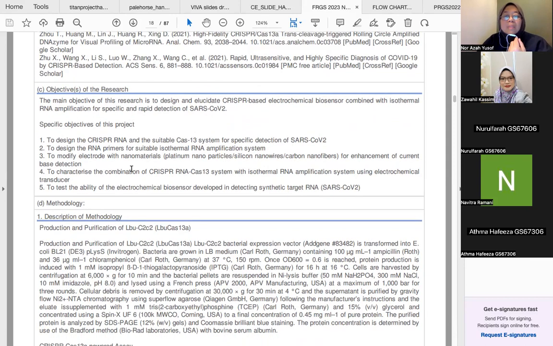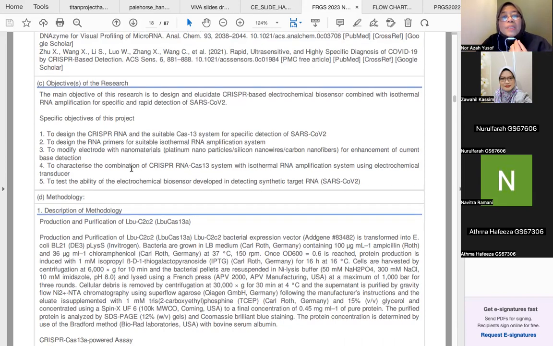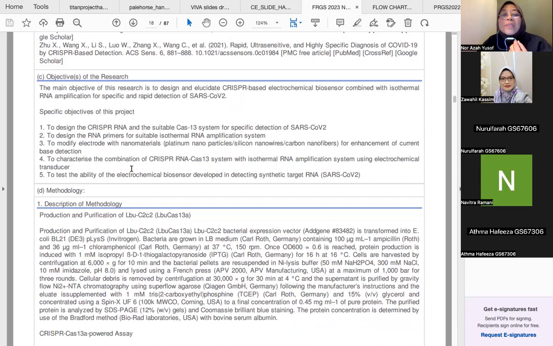And then after the whole thing is ready, the design of the CRISPR and the RNA embedded on the electrochemical sensor, I'm going to do the characterization of the combined system. And of course, the last one is to test the reliability of the detection method.